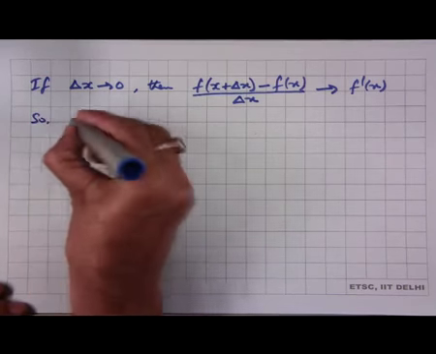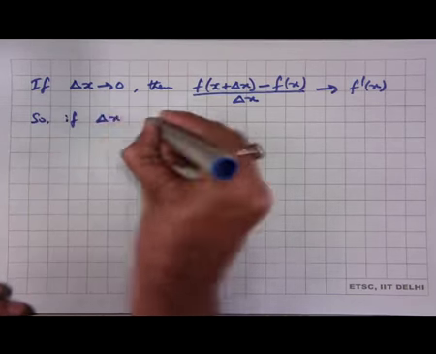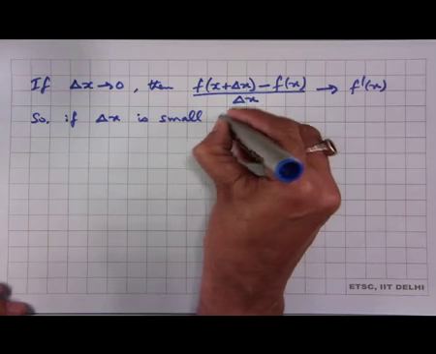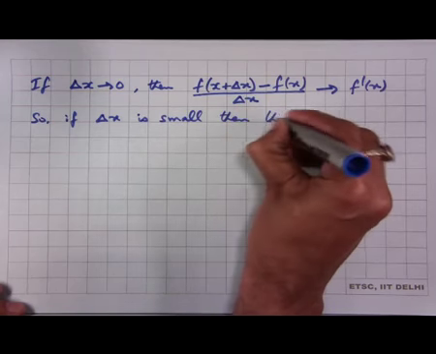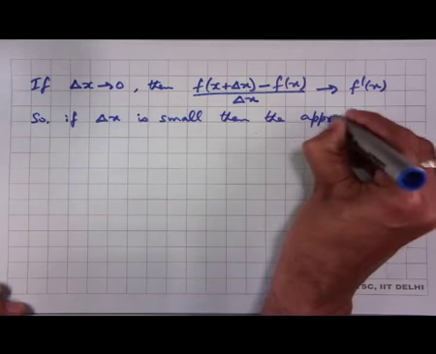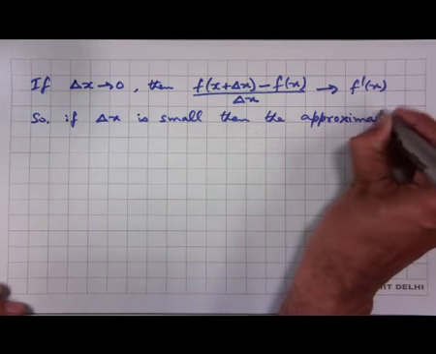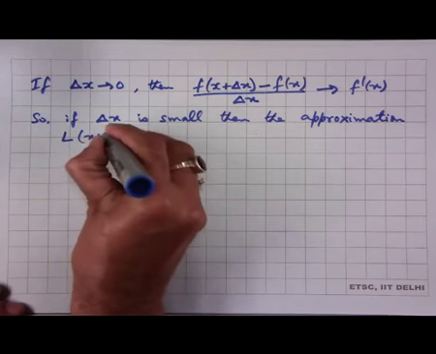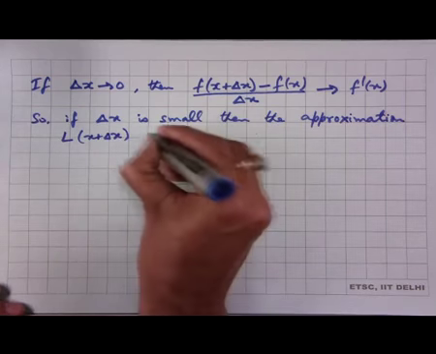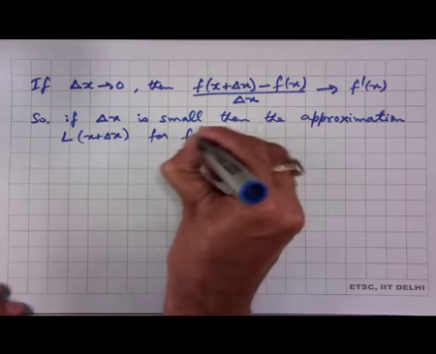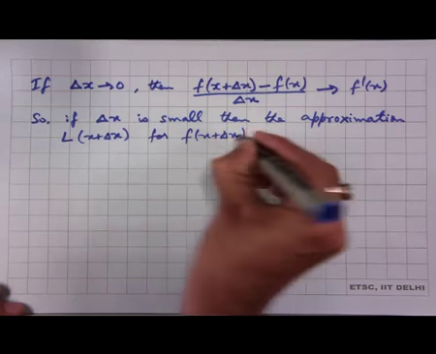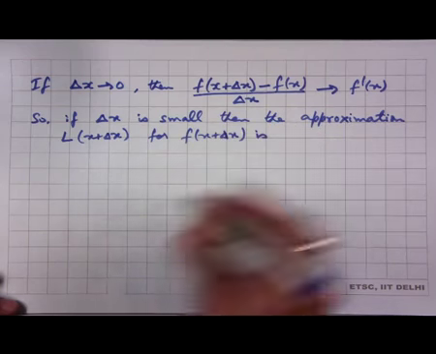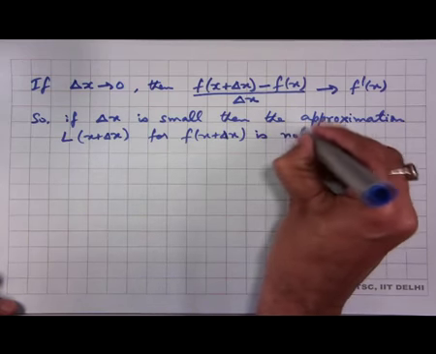So, if delta x is small, then the approximation L of x plus delta x for f of x plus delta x is not too bad.